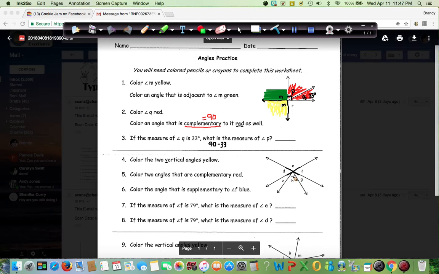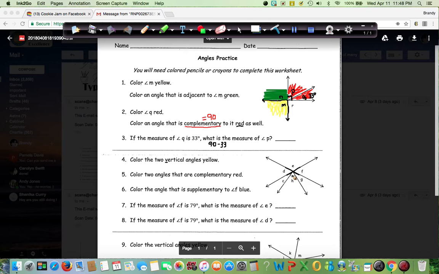But they're not made with the same two lines that crisscross, right? And angle H is not congruent to E. Remember I told you vertical angles have to be congruent. That's a have to. These two are not congruent. You can't pick those. G and C are kind of off to the side, so you can't pick those either.